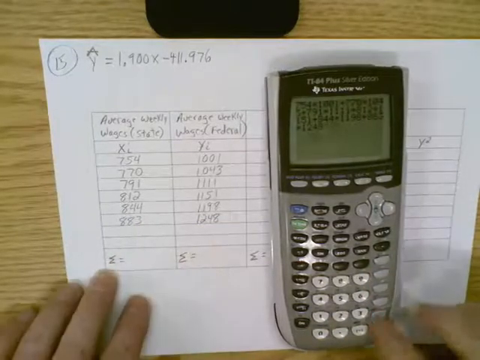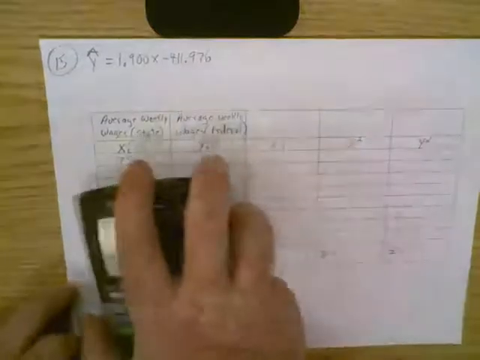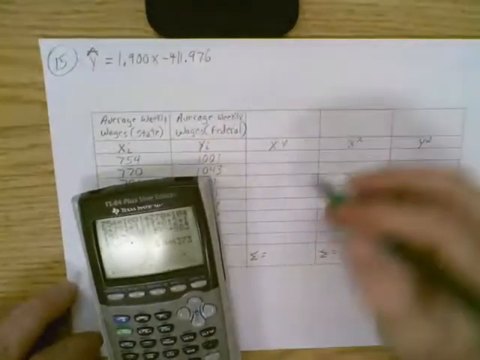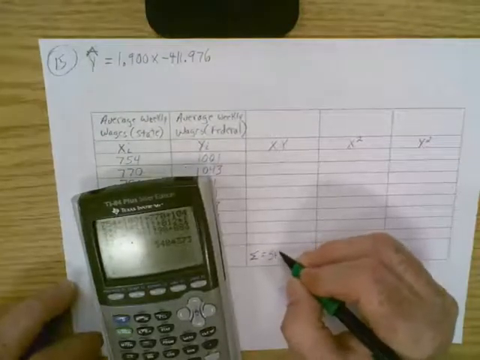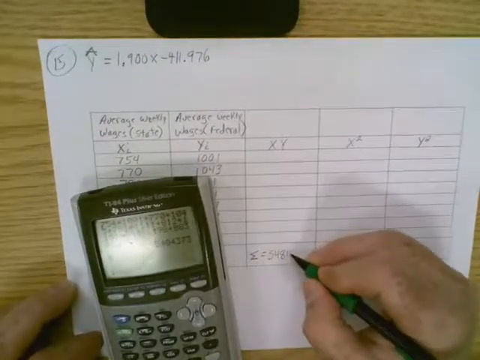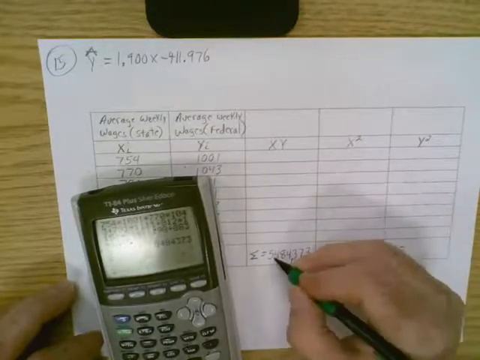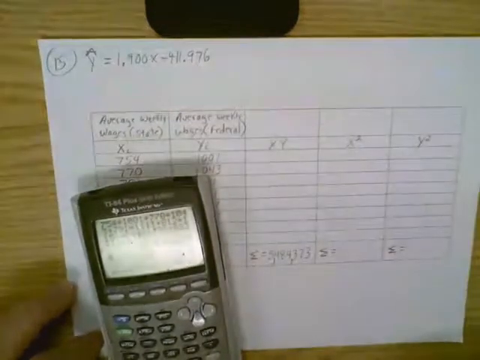That's the last one. I hit equals, and it tells me that the sum of all these x times y's is 5,484,373.